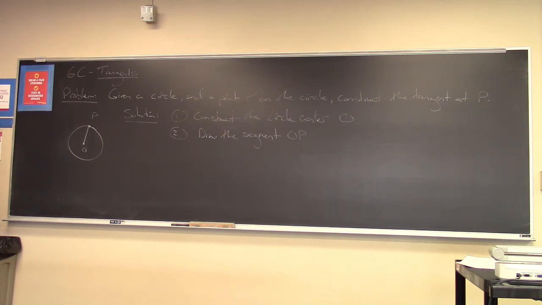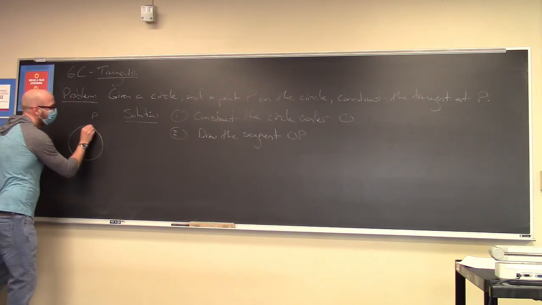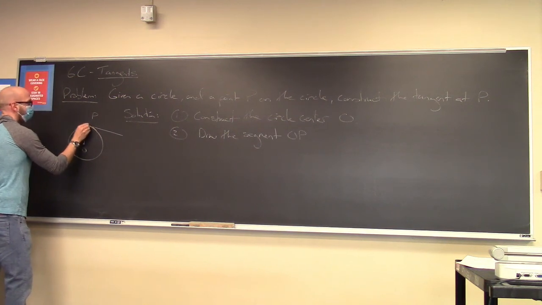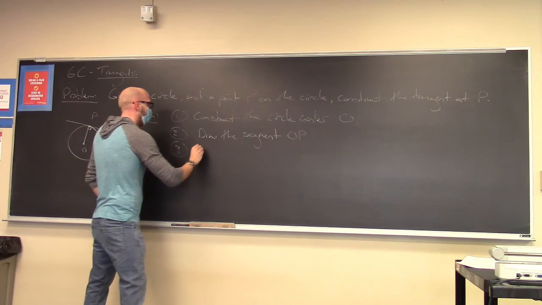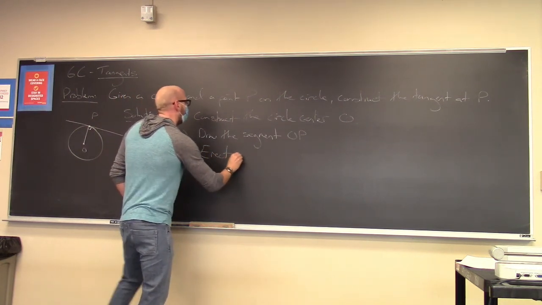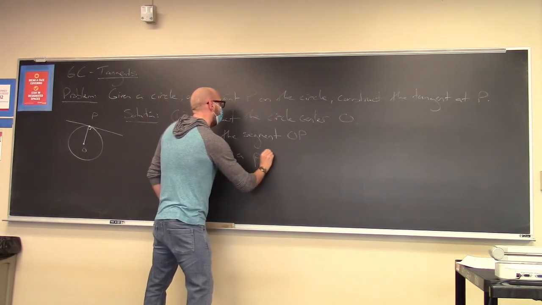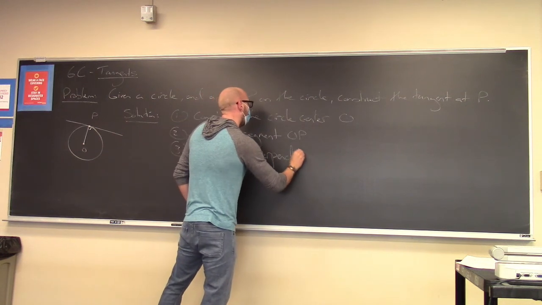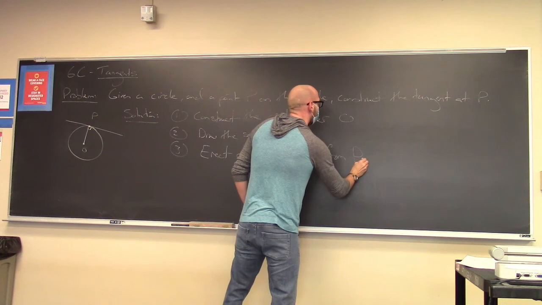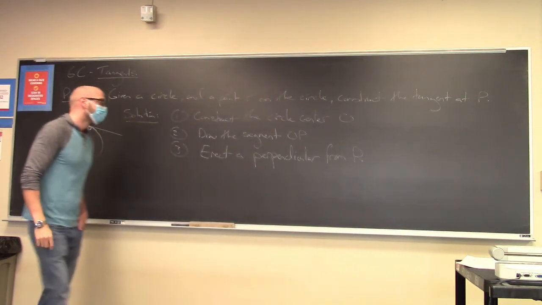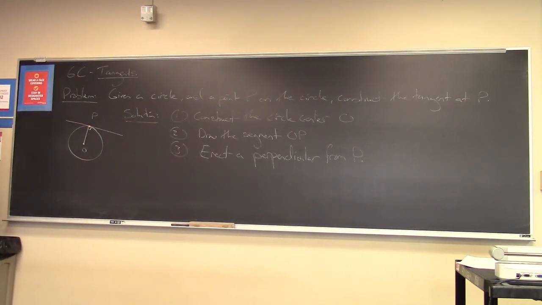How do I get the tangent through P? Just erect a perpendicular. You can go both directions if you want. Step 3, erect a perpendicular from P. And you're done, because that perpendicular is the tangent.